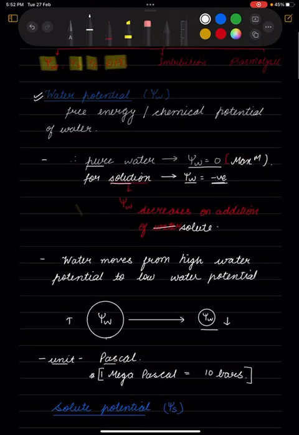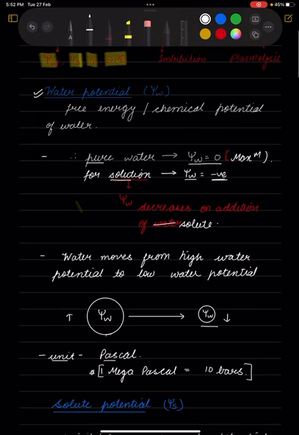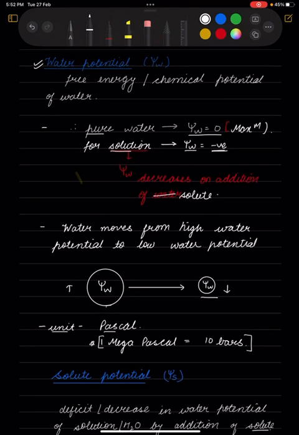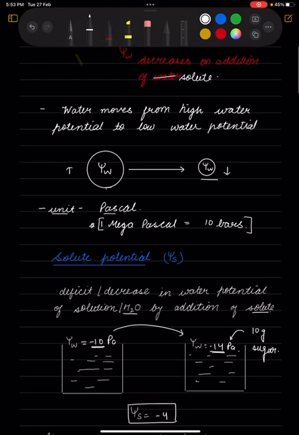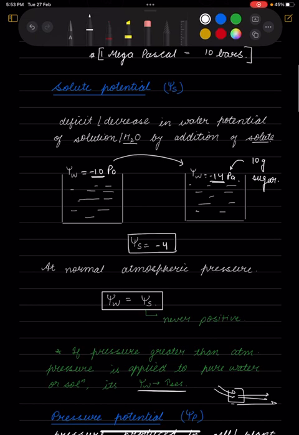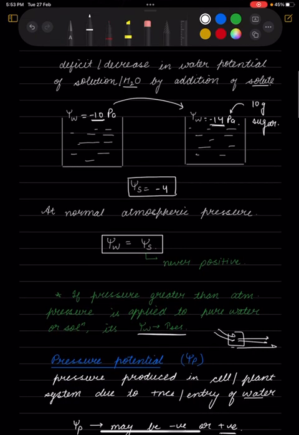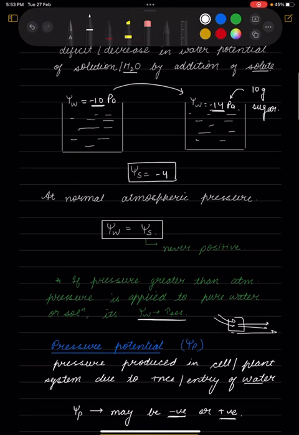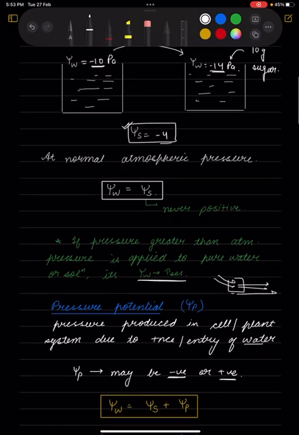So till now we have discussed water potential, that is maximum 0 for pure water. When we add solute into it, it will become negative. Then water will move from high water potential to low water potential. Solute potential is the decrease in the water potential of a solution or water by addition of solute. So from minus 10, when we add sugar solute into the water, the water potential will decrease from minus 10 to minus 14, and the decrease in the water potential is the solute potential, that is minus 4 pascal.